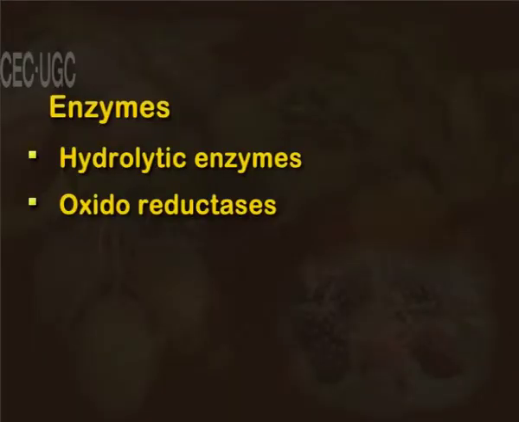Now we have also enzymes which are found in vegetables, and they are of two types, the hydrolytic enzymes as well as the oxidoreductases. These enzymes are responsible for the ripening of vegetables. For example, tomatoes.